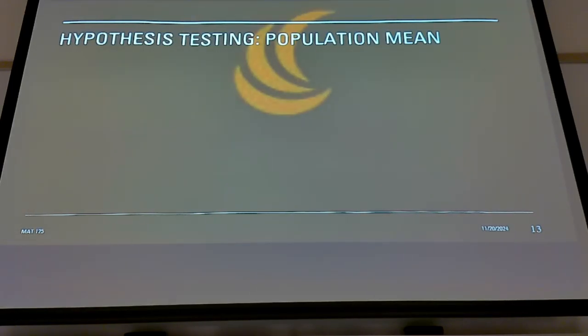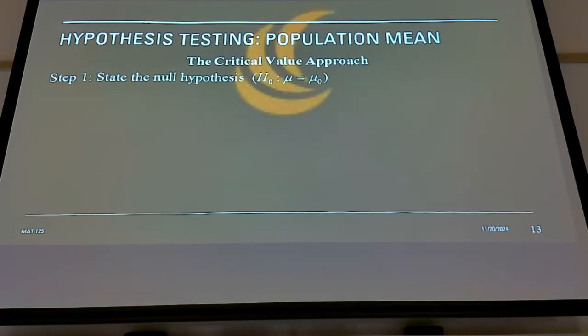Two ways. First is the critical value approach. This is done by hand. Your first step is to state the null hypothesis, which is always going to be of the form your population mean mu equals some value mu naught.